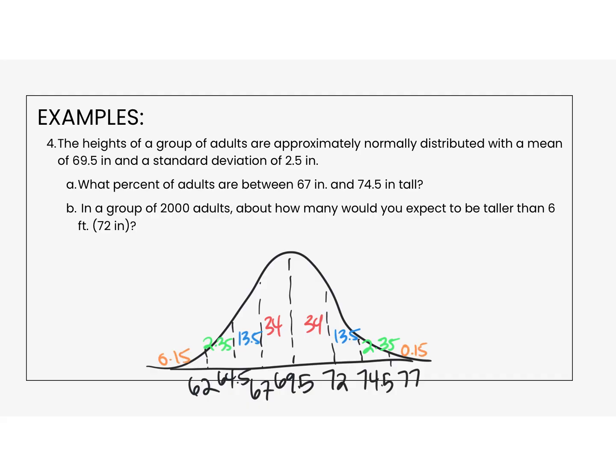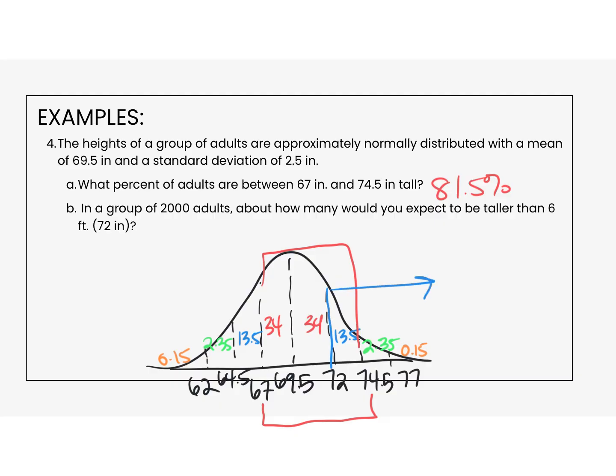Okay. What percent of adults are between 67 and 74.5? So here's 67, 74.5. So I'm going to add 34 plus 34 plus 13.5, which would give me 81.5%. In a group of 2,000 adults, about how many would you expect to be taller than 6 feet, or 72 inches? So here's my 72 inches.